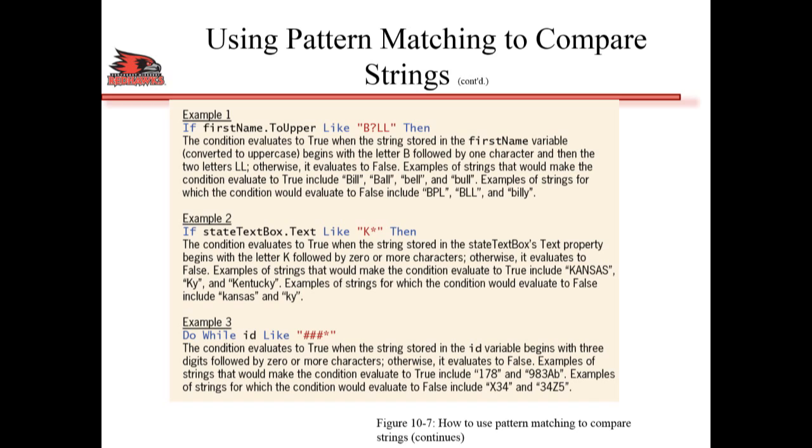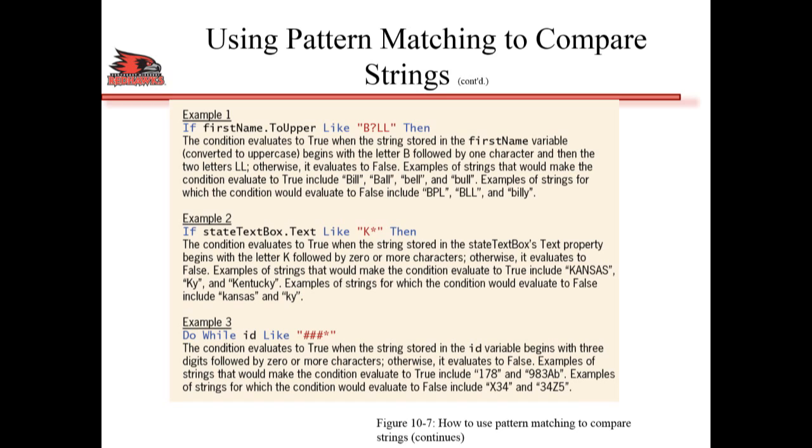Examples where it returns true are Bill, Ball, Bell, Bull, and so on. So if B is followed by any character and then two L's, it's fine. If it's not in that pattern, like BPL, BLL, Billy, where the format is not what we specify, then it's going to return false. So that's for the question mark.